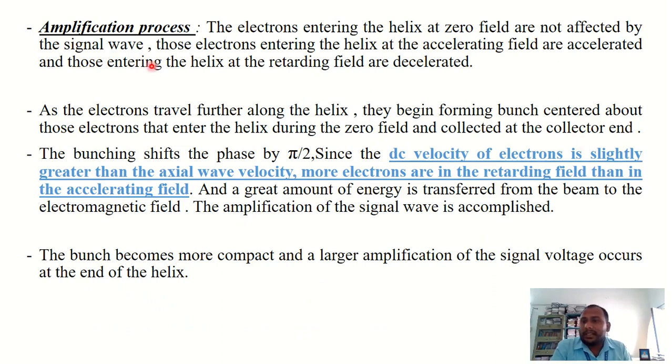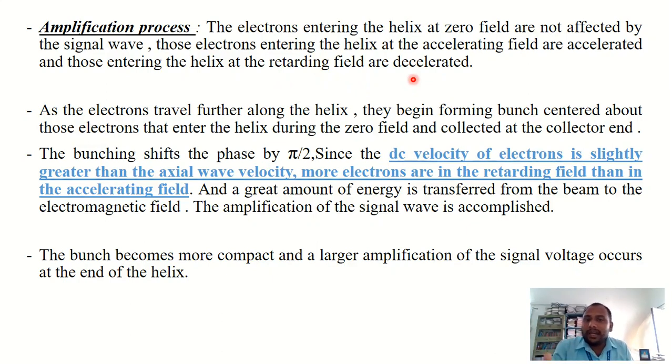Let's see the amplification process. As I said earlier, the electrons enter into the helix at a zero field, not affected by the signal. Those electrons that enter the helix at an accelerating field, we can call accelerated. The electrons entering the helix at a retarded field are the decelerated. Acceleration, deceleration, no change.